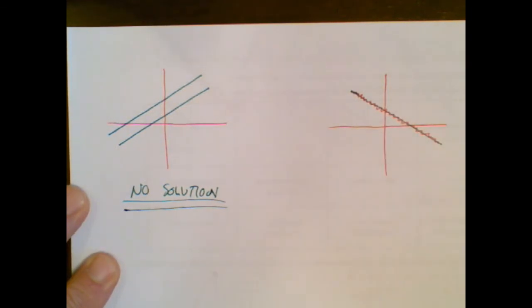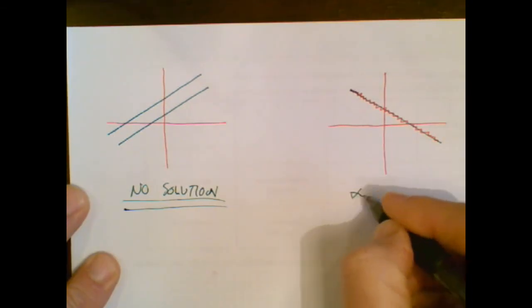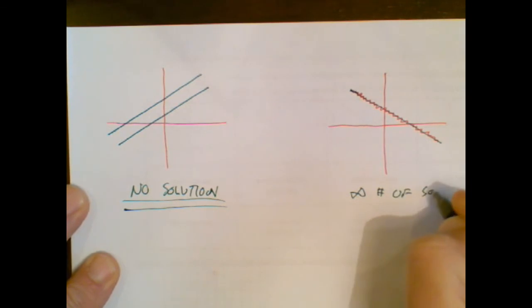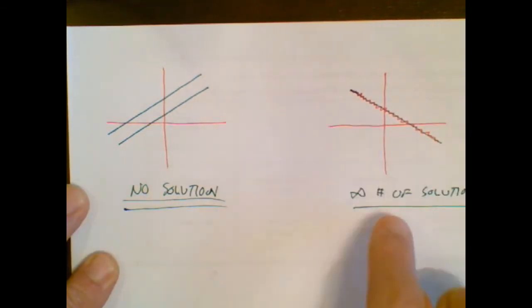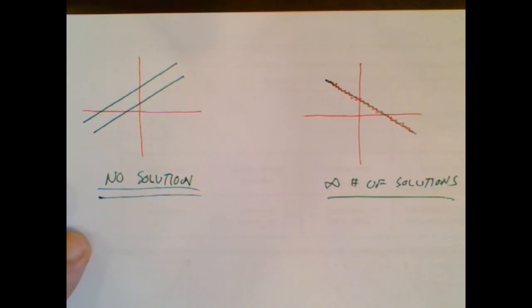So you can kind of think of that as they're intersecting continually or forever, in which case you would say infinite number of solutions. So some unusual things can happen. Never intersect, no solution. Always intersect, infinite number of solutions. That is the graphing method.